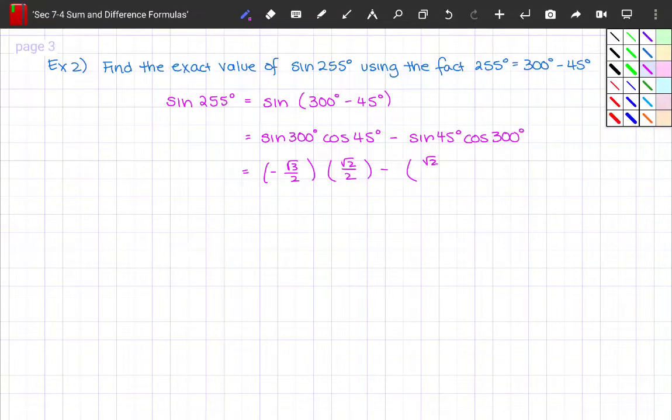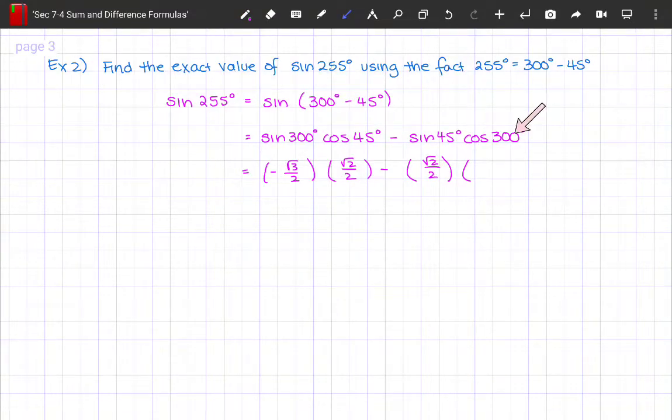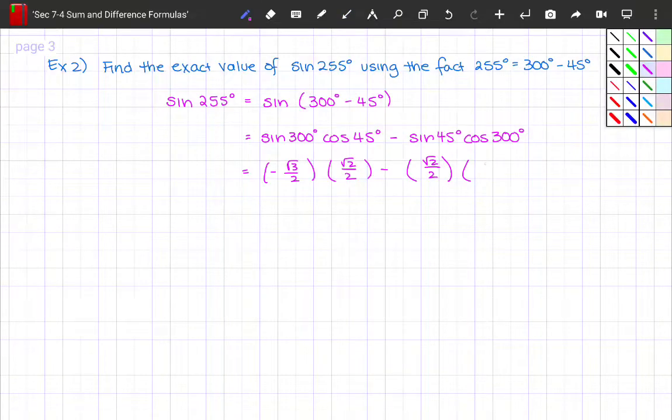Sine of 45 degrees is root 2 over 2. And again, 300 degrees is quadrant 4, where cosine's positive. Reference angle of 60 degrees, and the cosine of 60 degrees is 1/2. So we're going to get negative root 6 over 4 minus root 2 over 4.